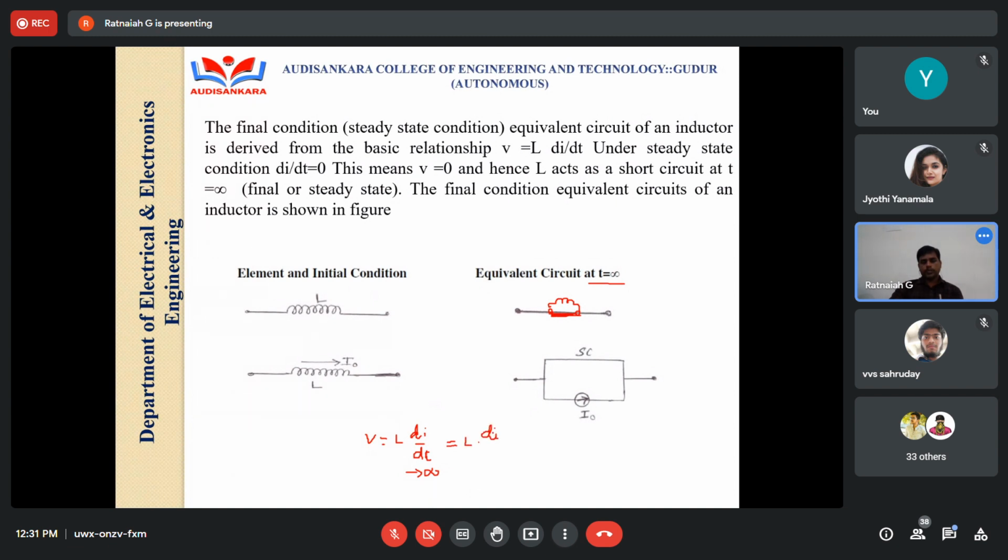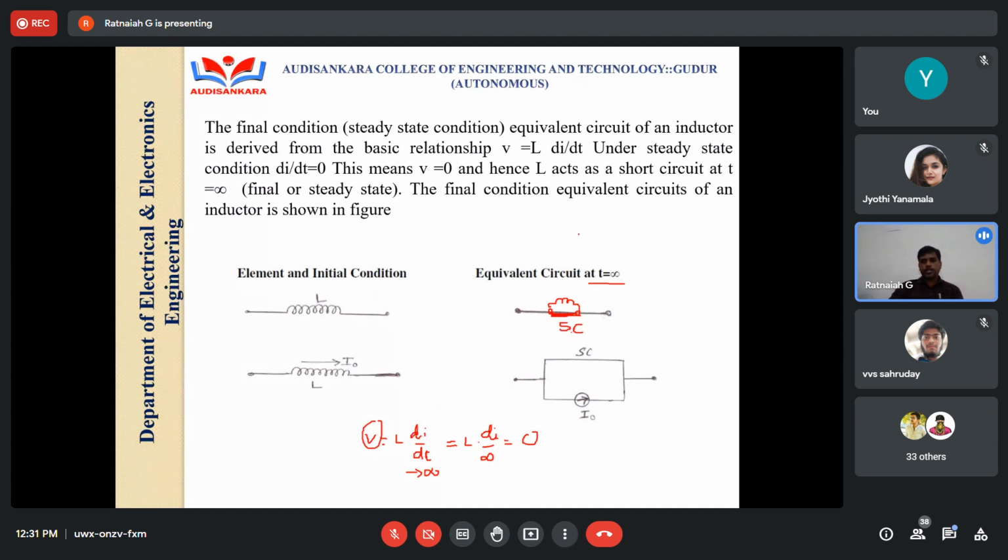Any value divided by infinity is nothing but 0. Therefore, the voltage of the inductor is 0. If the voltage across any inductor, resistor or capacitor is 0, then it acts as a short circuit.